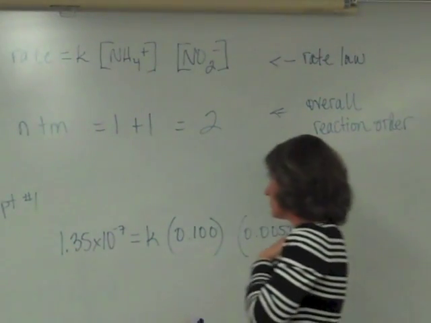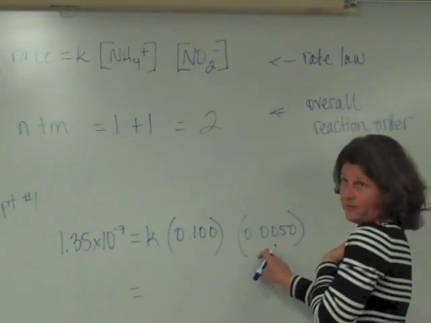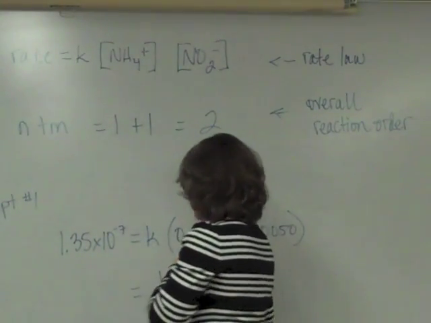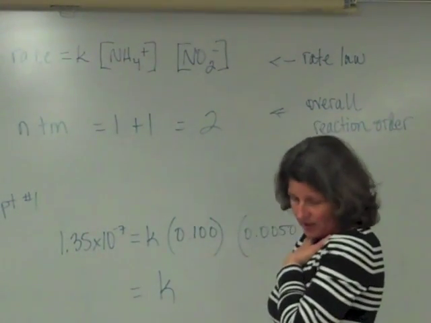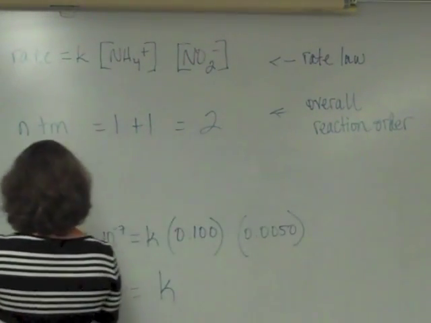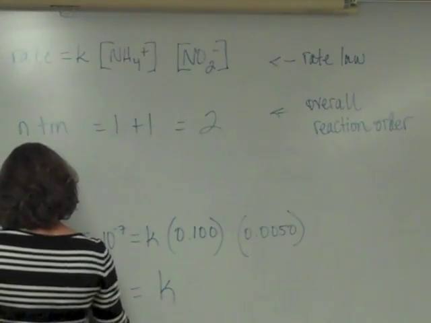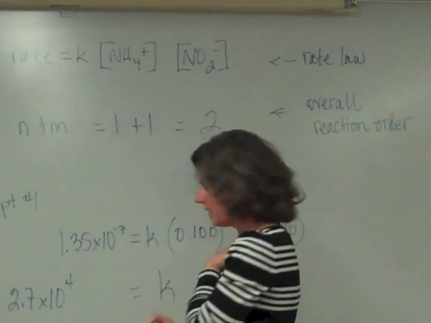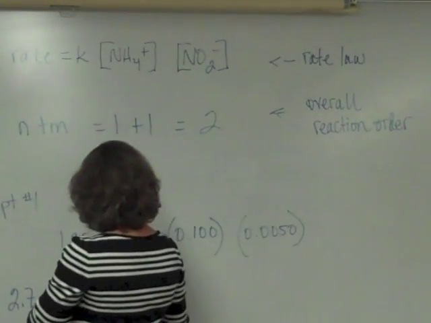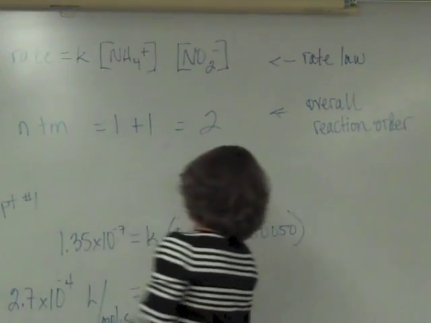And then, you guys, I'm just going to solve for k, right? So I'm going to multiply these two together, and then divide both sides by that product, and that's going to give me my value for k, which is 2.7 times 10 to the minus 4th, sorry, liters per mole second.